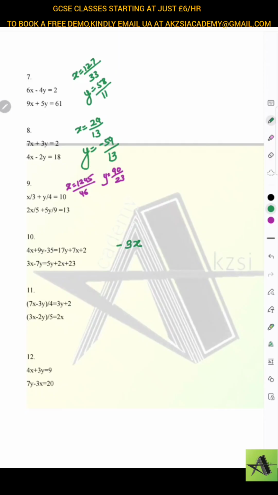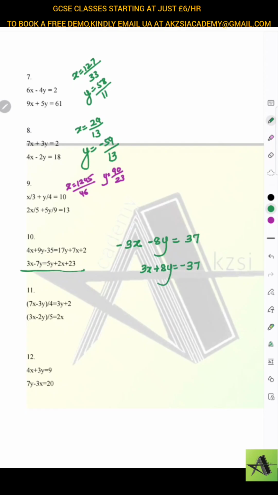Then y's on one side, I'll get negative 8y. And numbers on right hand side will give me 37. But obviously it's better if I divide all the sides by negative 1. So that will give me 3x plus 8y is equals to negative 37.